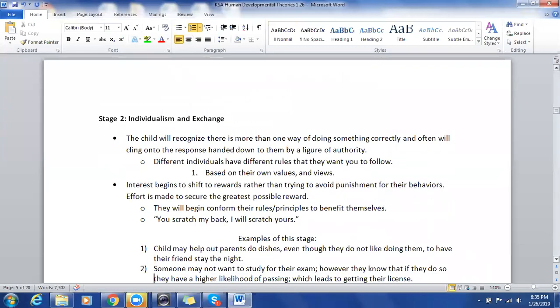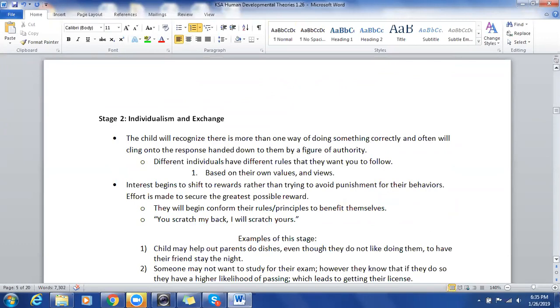Stage 2, individualism and exchange. And this is where the child will recognize there is more than one way of doing something correctly and often will cling on to the response handed down to them by a figure of authority. So they're not really individuals, they're more of a collective of what they know and what they've seen.